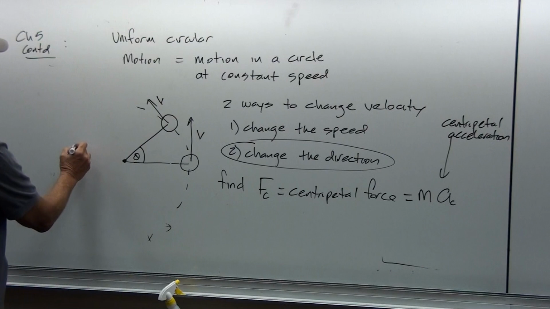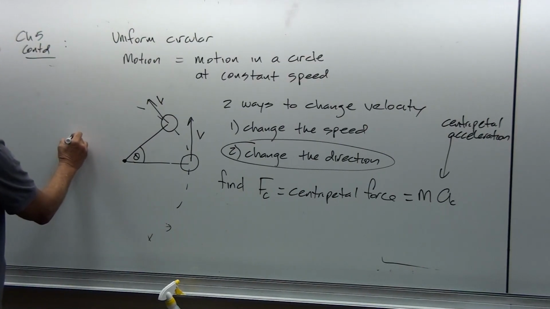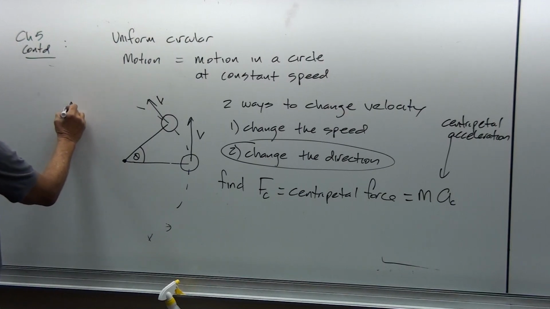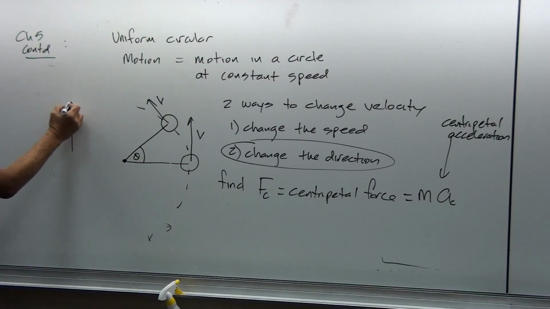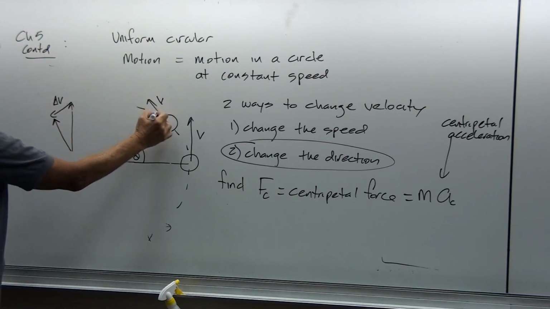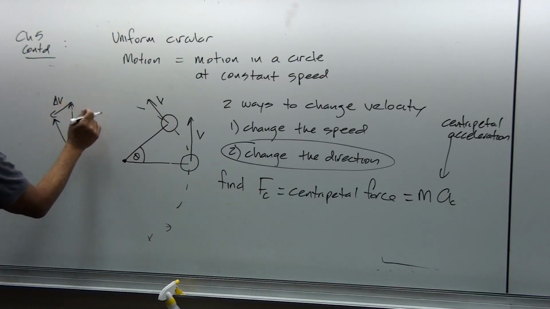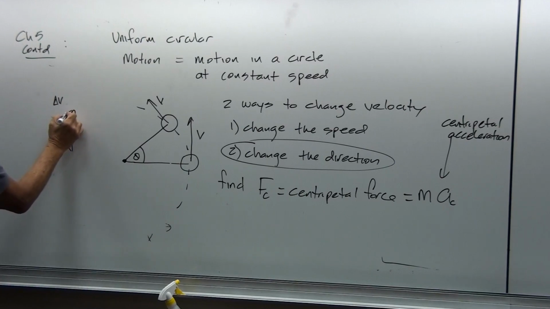What we can do here is say that v plus delta v, where delta v has to go inward toward the center of spin, has to equal v final. So this is v final here, this is v initial, but the length of these velocity vectors is the same. And then this extends to the center of the circle.